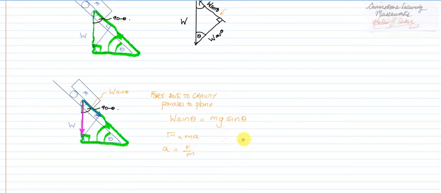Therefore, if the force parallel to the plane is equal to mg sine theta, the acceleration parallel to the plane will be equal to the force, mg sine theta, all divided by m. It cancels, and therefore the acceleration on the plane is g sine theta.